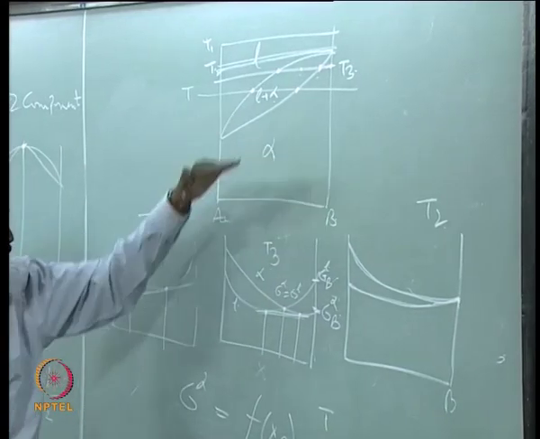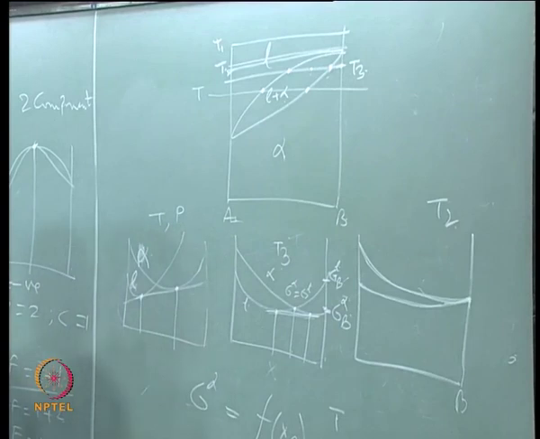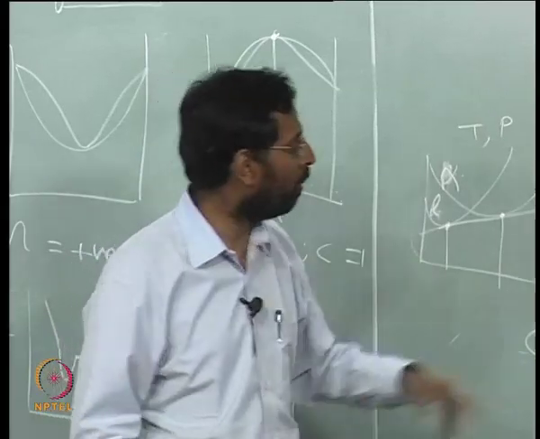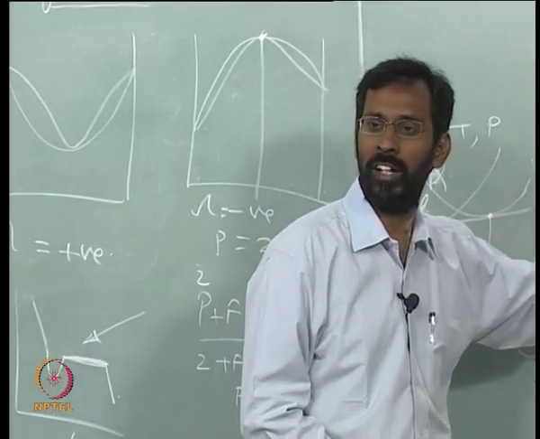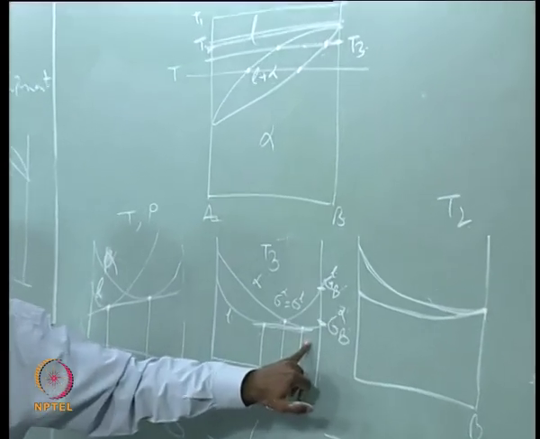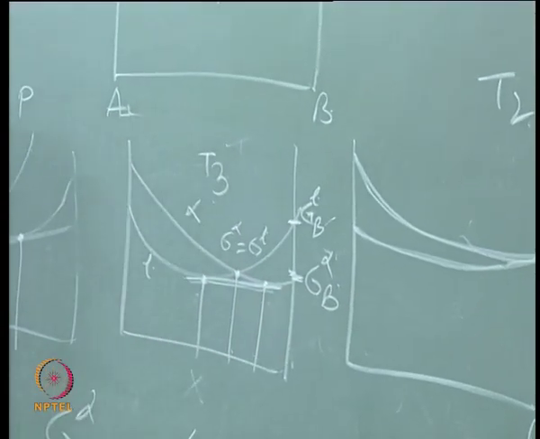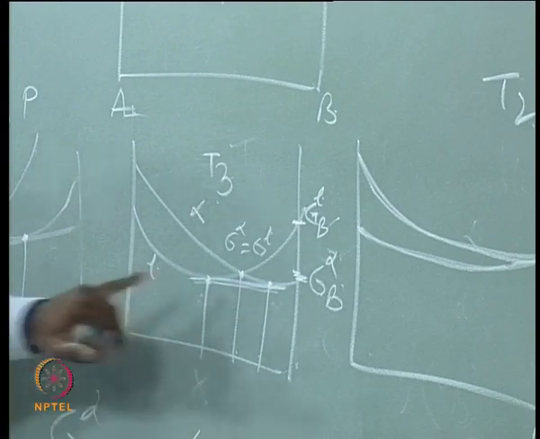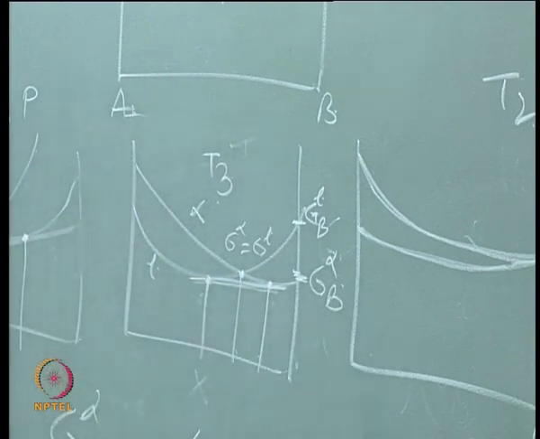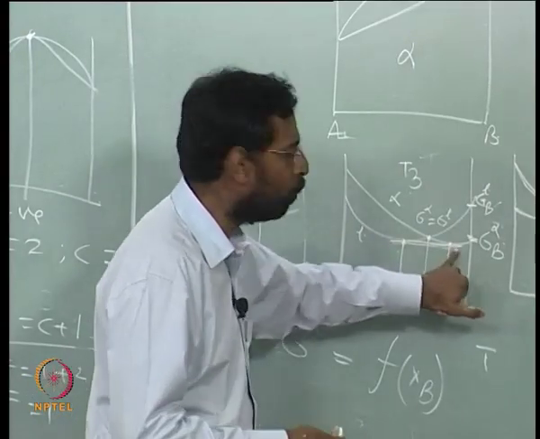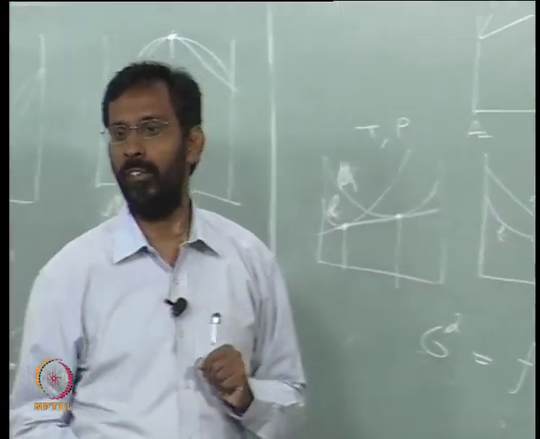And if I do this exercise for various temperatures, at each temperature, whenever I see a common tangent, whenever I see 2 compositions corresponding to equilibrium alpha and equilibrium liquid compositions, you will also find an intersection point, and all the intersection points will always be between the 2 equilibrium compositions of liquid and solid.